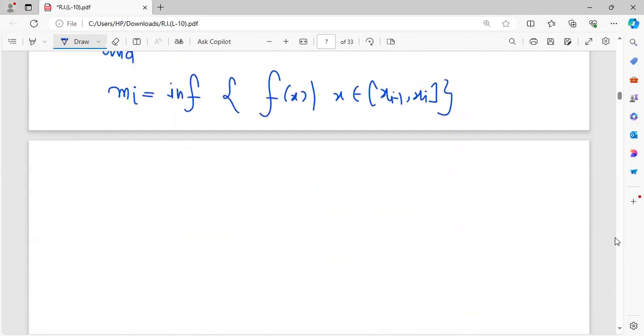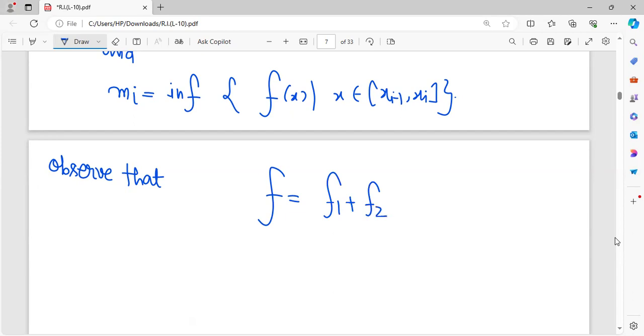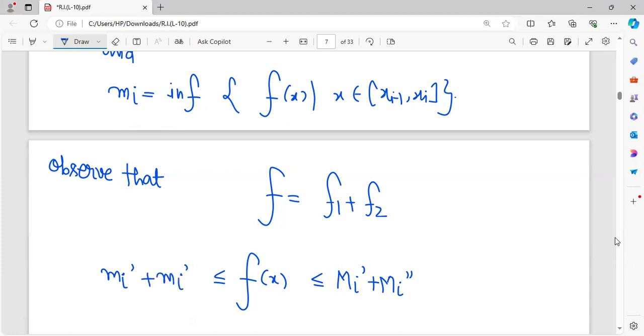Now observe that because f is equal to f1 plus f2, this implies f(x) is less than Mi' plus Mi'' for all x belongs to [xi-1, xi].